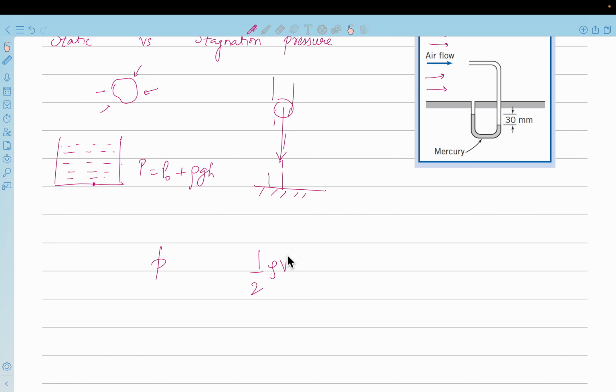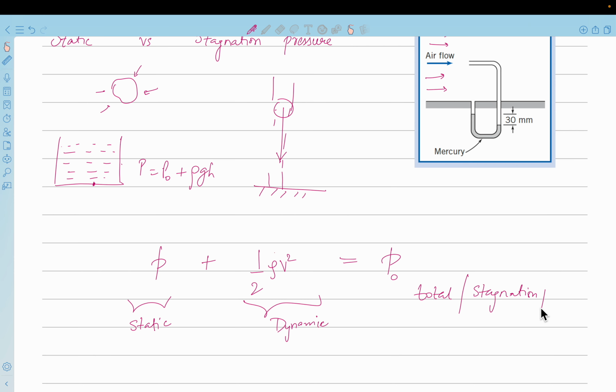Kinetic energy is half rho v square. If I am able to convert this kinetic energy to pressure energy, then it adds to the static pressure. So this part is called the static pressure, this part is called the dynamic pressure, and together they make up the total or the stagnation pressure.